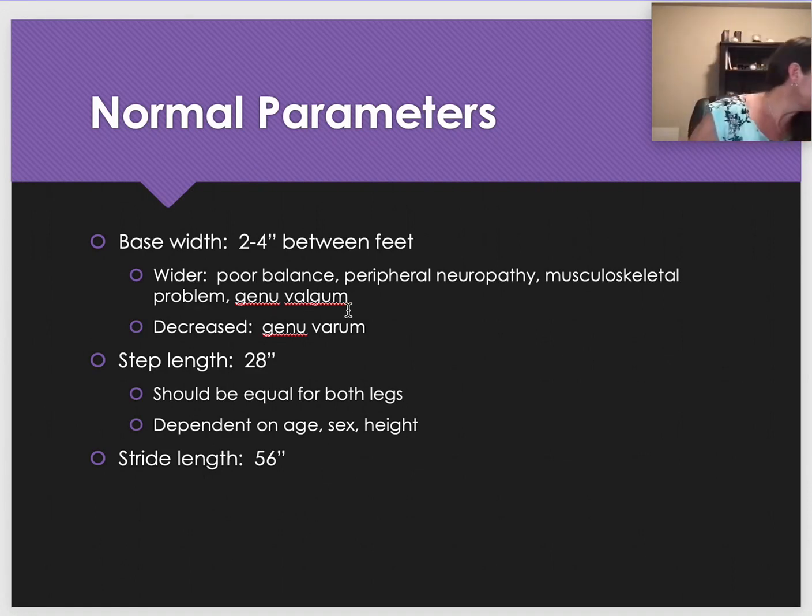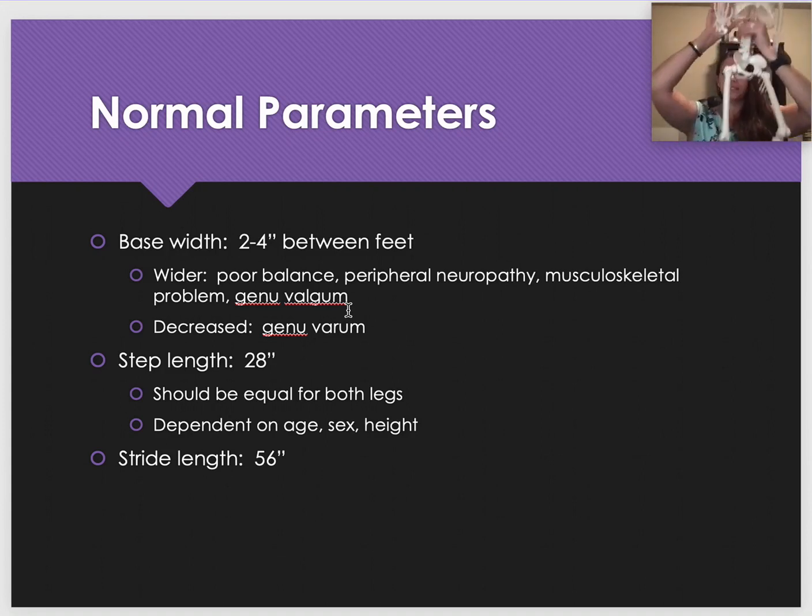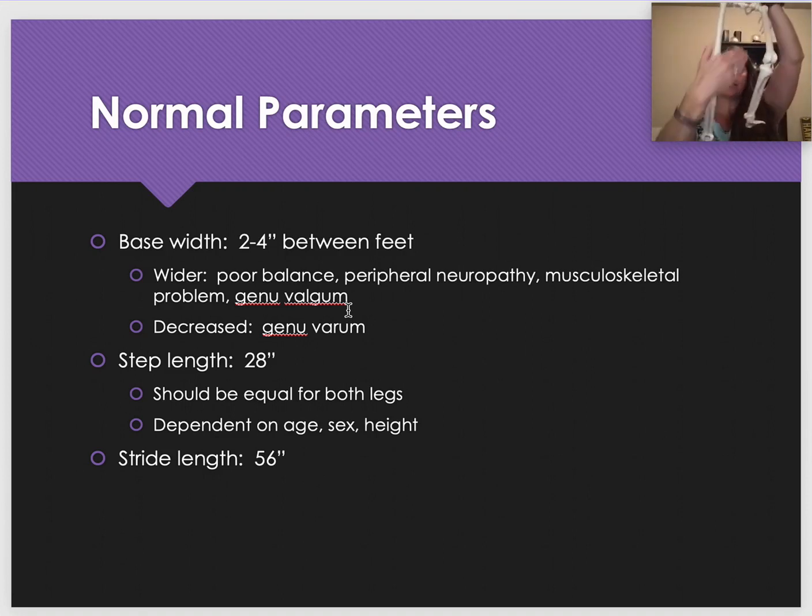Genu valgum is when, if you're just standing up normal, we're talking about this knee, the medial side in between the two legs. Genu valgum means that the outside part is compressed and the medial side is opened up. So he has what most people would call knock knees.